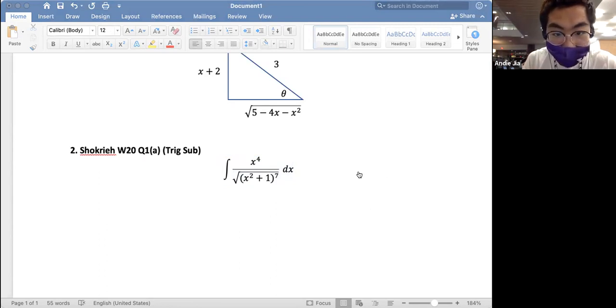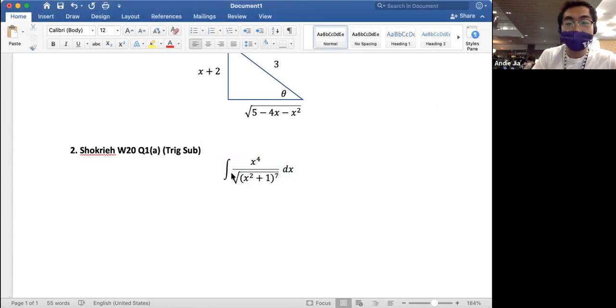So if you ever see something like a squared plus x squared, there is a tangent. So just use the tan sub here, because tangent squared of x plus 1 is equal to secant squared, right?